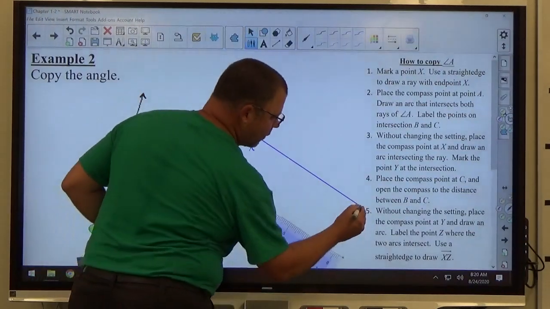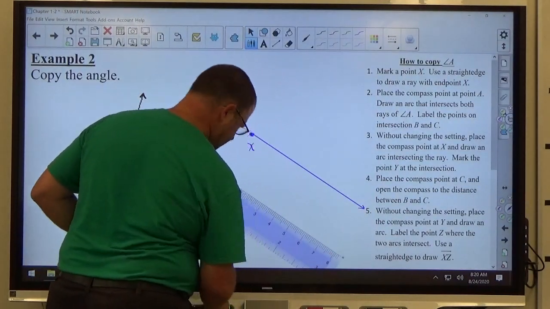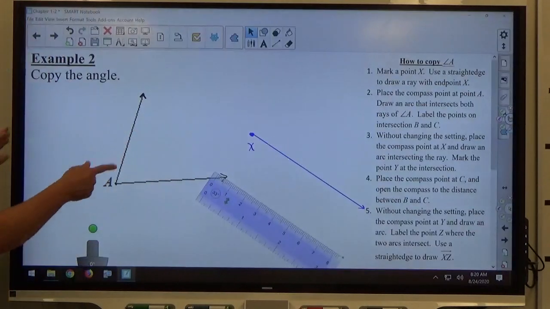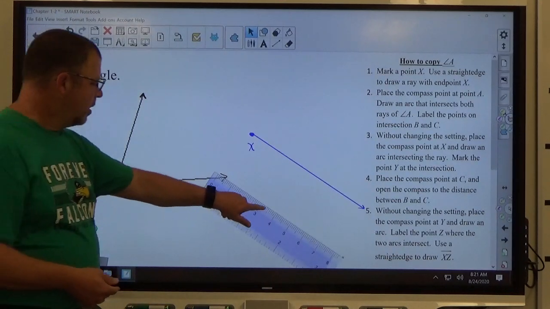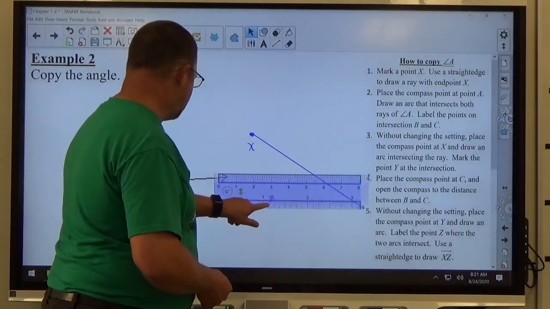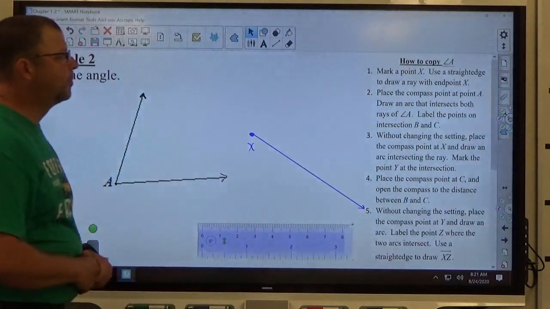Then I'm going to put an arrow on the end of it. As long as that's about the same length as that, you're going to be picking some measurements yourself. If you make it really, really short, it's hard to do, so just give it a little bit of length. Okay, we're going to hang on to that for a moment. Put it down here.